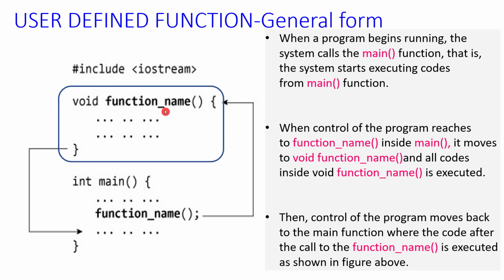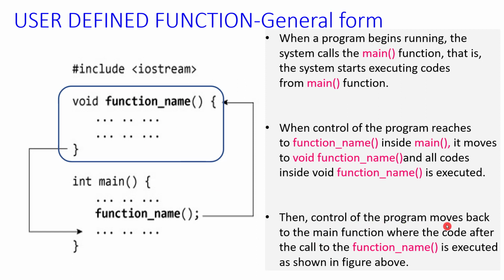This is a sub function which defines what the function name does. After the control of the program reaches the function call inside main, it moves to the void function name, and all the code inside the void function name is executed. Everything under this function will be executed.